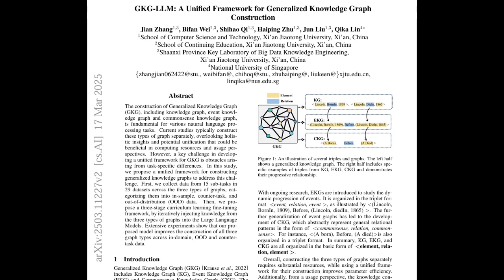They essentially operate in a sequence-to-sequence manner, meaning you can feed them a sequence of text or data, and they can produce another sequence of text or data as output. And this uniformity allows us to reframe all those diverse knowledge graph construction tasks into a consistent format that the LLM can understand and process. So it's like the LLM acts as a universal translator, taking in different kinds of data and instructions and outputting structured knowledge in a consistent way. That's a great way to think about it.